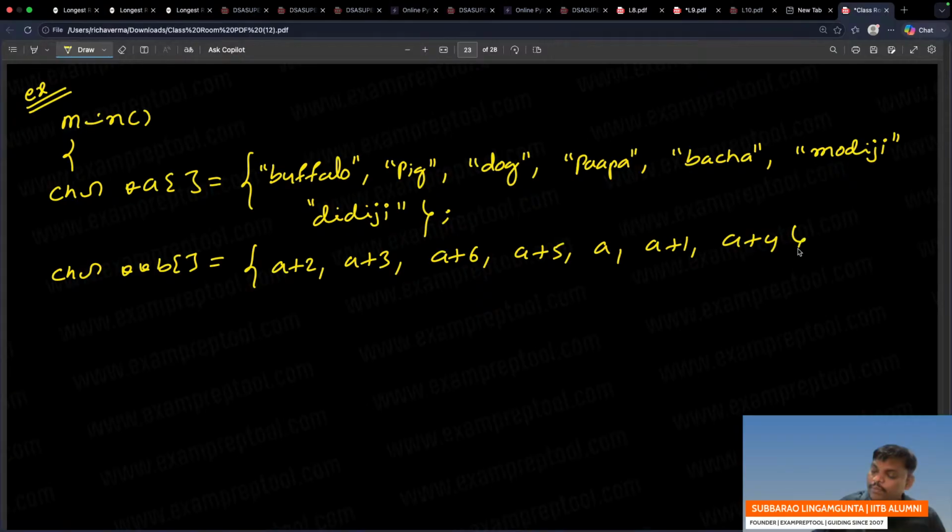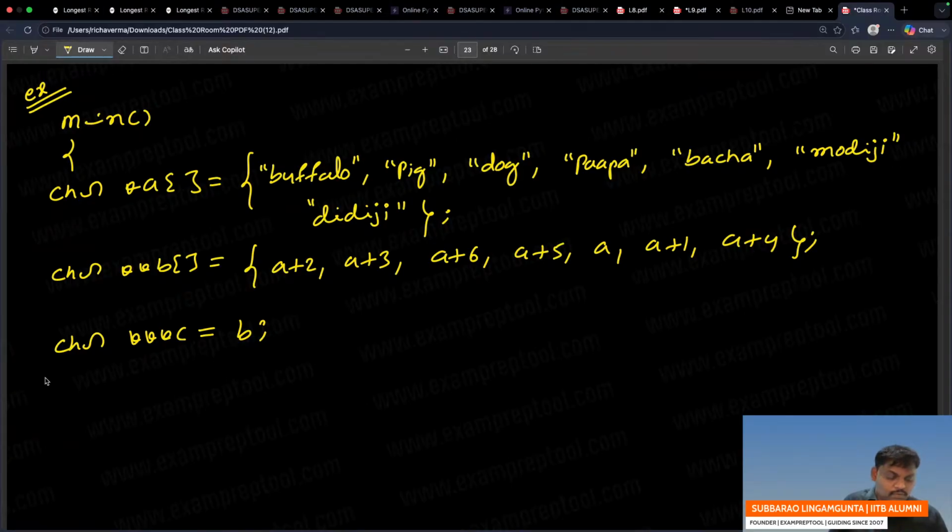Yeah, 7 strings. Perfect. Next one, char triple star c is equal to b.